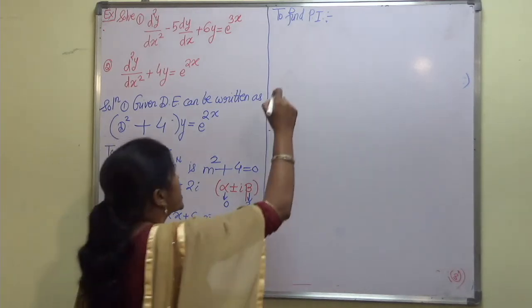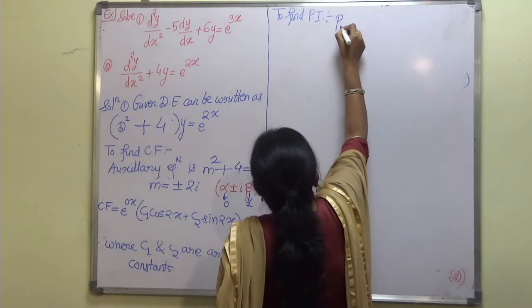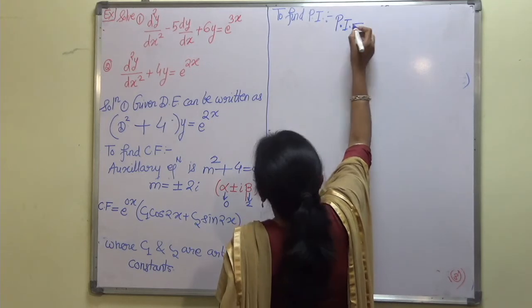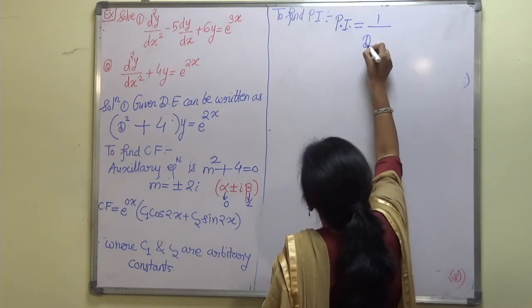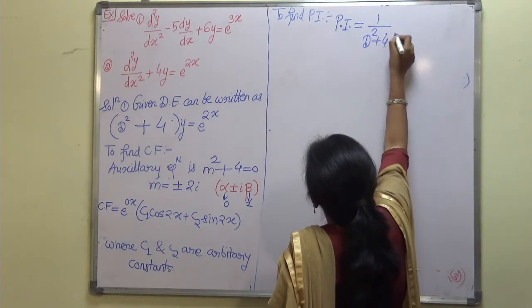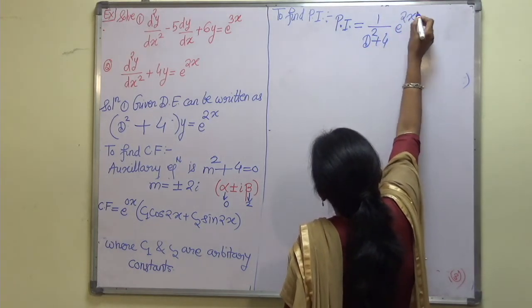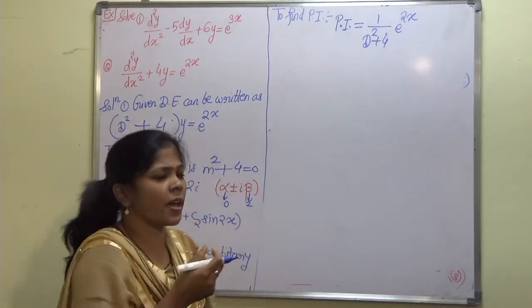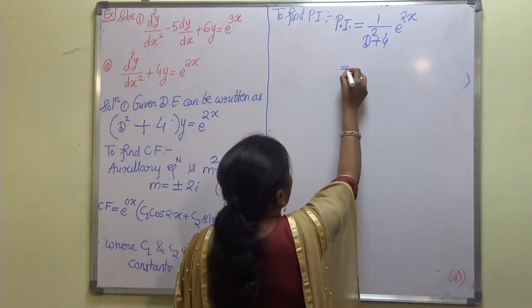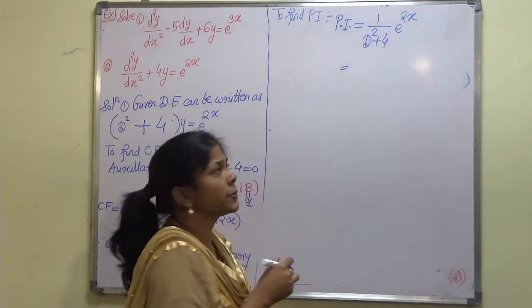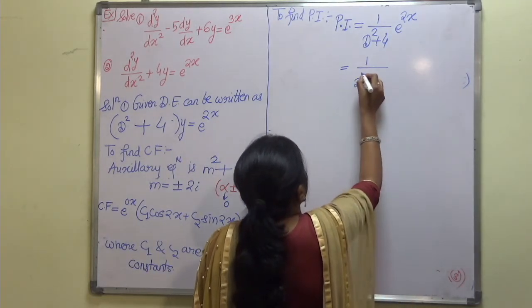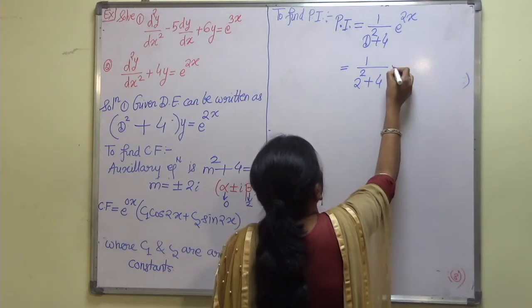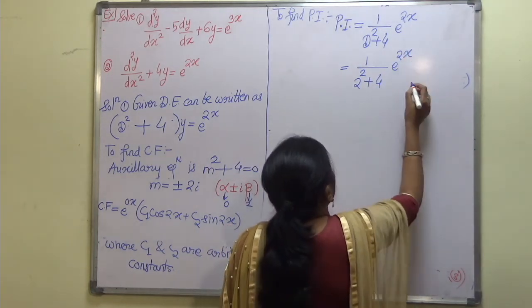Okay. Now next, to find the particular integral. Particular integral is 1 upon d square plus 4 operating on e power 2x. This we have. Now what we will do? We will replace d by 2, right? Because the value of a is 2. So it is 1 upon 2 square plus 4 operating on e raised to power 2x.